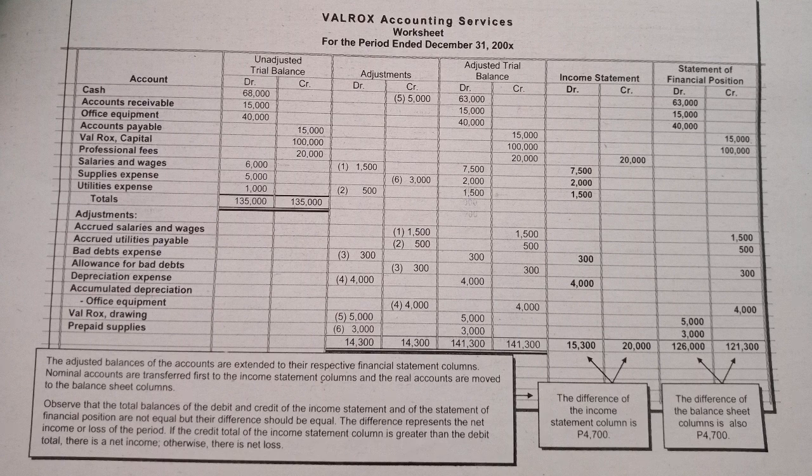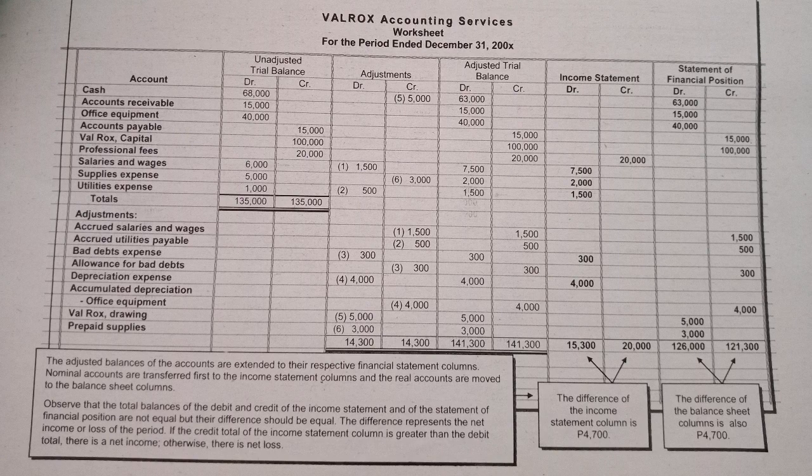So, that means, depende kasi kung nagkaroon ng income or a loss yung company. So, in this case, since mas malaki si credit kesa debit, ibig sabihin yan, meron tayong income. Di ba? Kung maalala nyo, normal balance ng income is nasa credit, ibig sabihin meron tayong income. So, yung difference na yan, na 4,700, that represents our income.